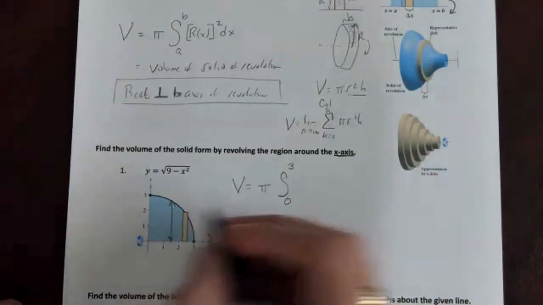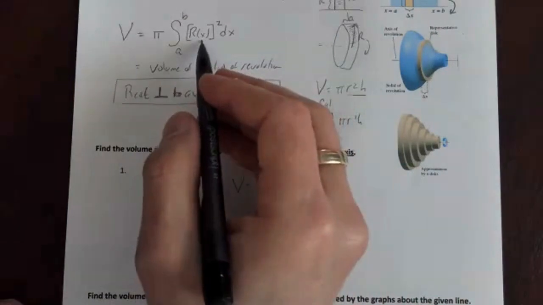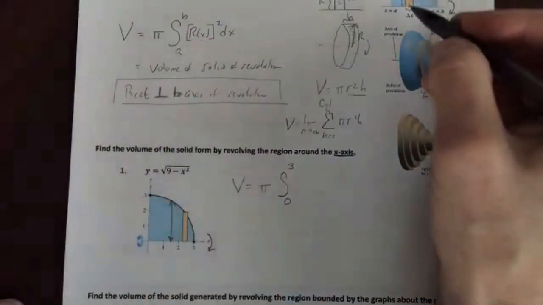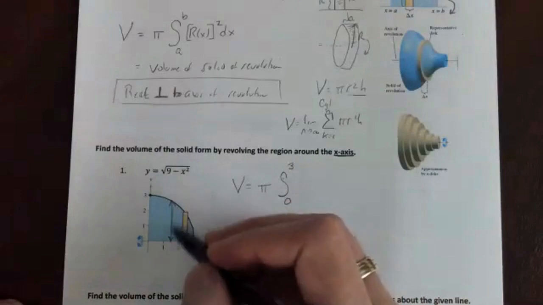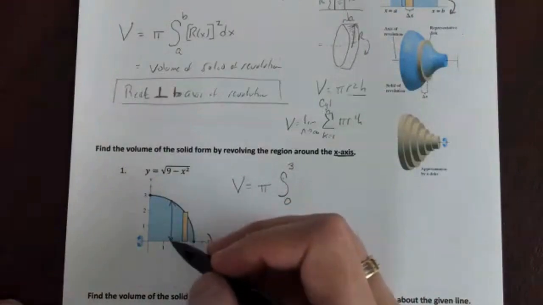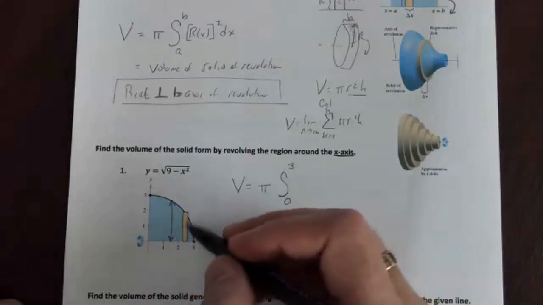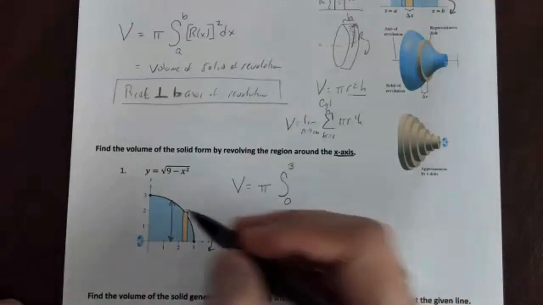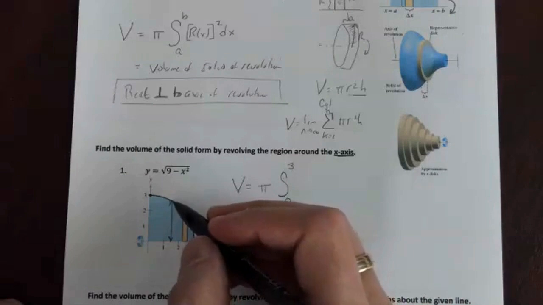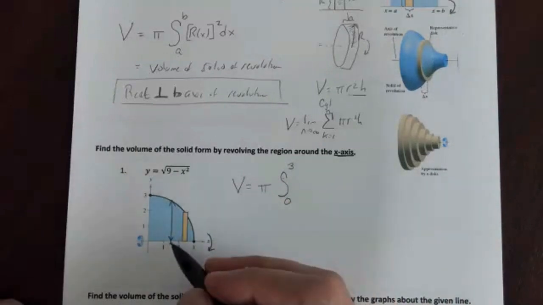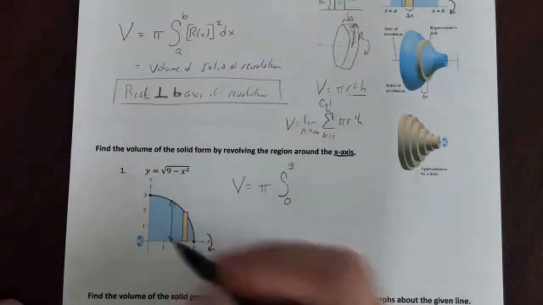And then the big R of x is just the height of the rectangle, or in the case of here, the length of this double arrowed line. So how long is this line? Well, to find the length of this line or the height of this rectangle, it's just whatever the top function is minus the bottom function. That's how you get the length of something, top minus bottom.